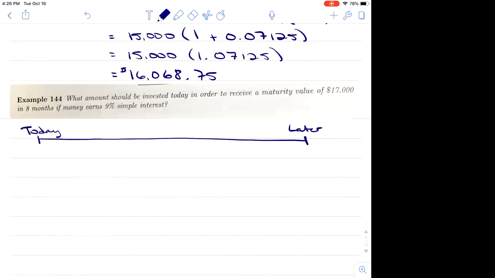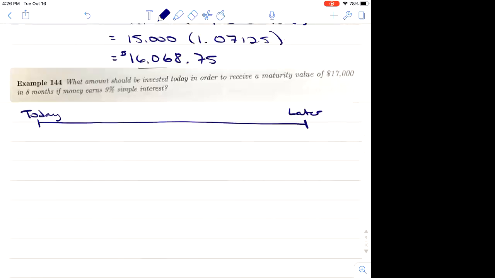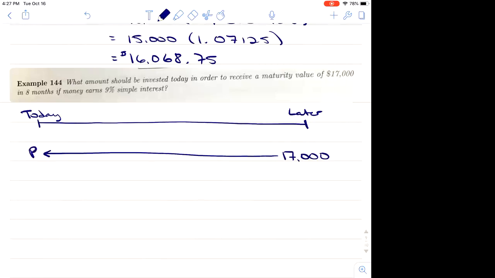But they do say that we have to talk about today. We want a value of 17,000 at the end, so now we're forcing our future value to be 17,000. To show that we're bringing that 17,000 back to a principal amount today, we draw the arrow going backwards to today, and then we put a P here to indicate that we have to solve for the principal amount.